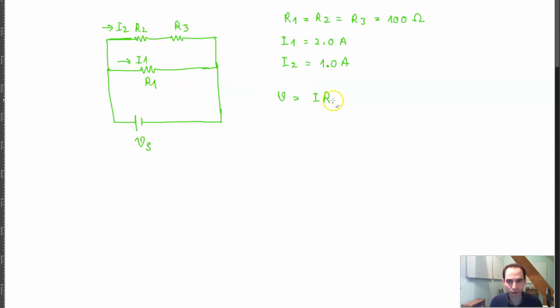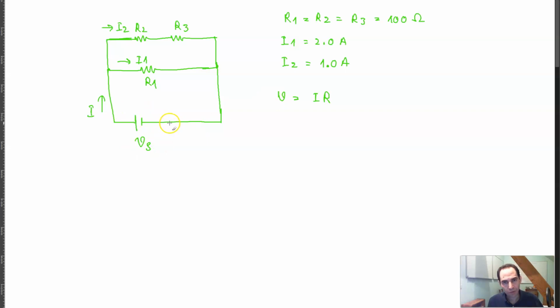You can calculate that, there's no problem with that. But I need the total current going through this circuit, which is I. That I don't have yet. And when I have I, then I can also calculate R, put the two in this equation, and calculate the power supply voltage.